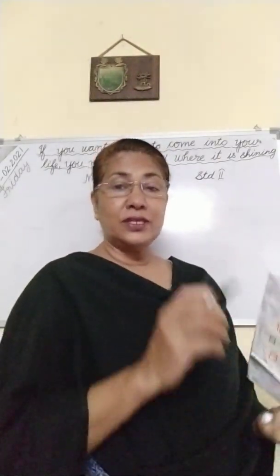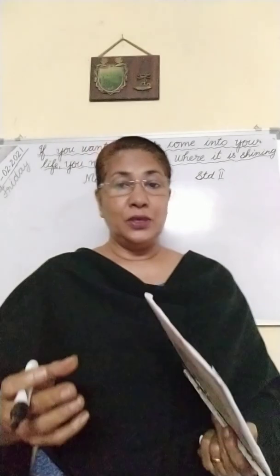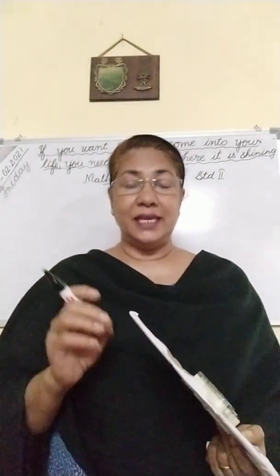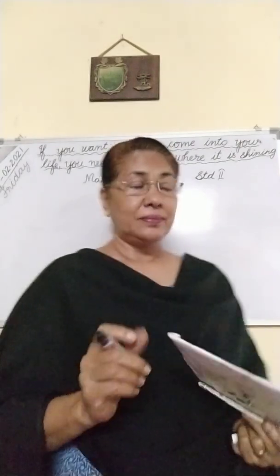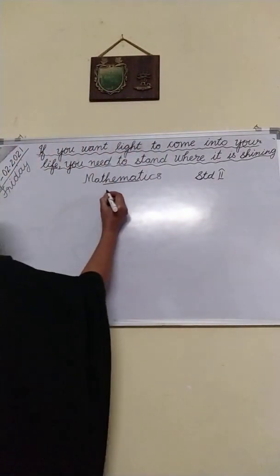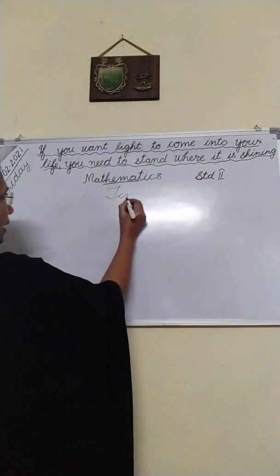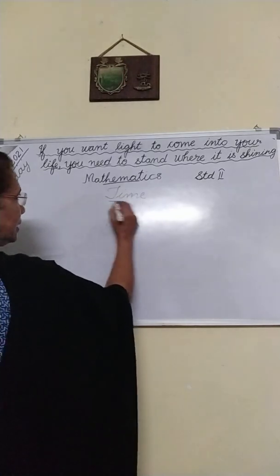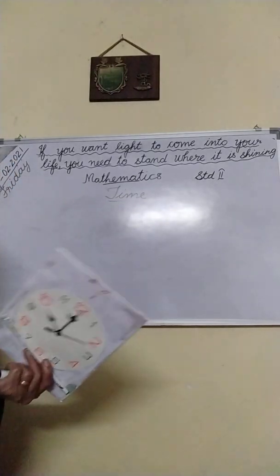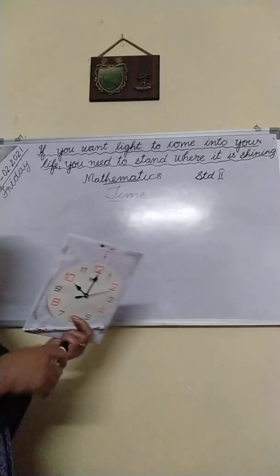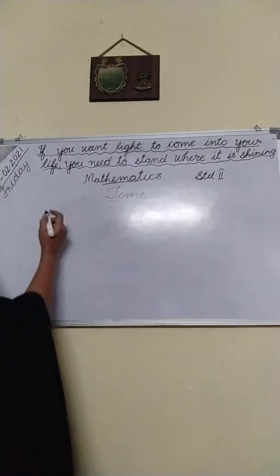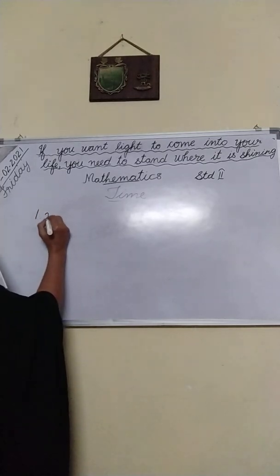Okay. So first you have to take a new page and write the day and date, today's day and date, and then write time. T-I-M-E, time. After that, you should write down 1 minute.